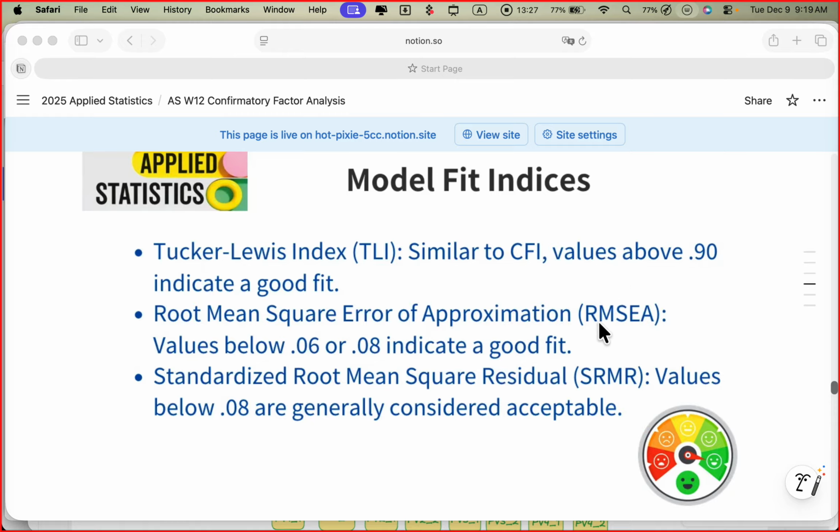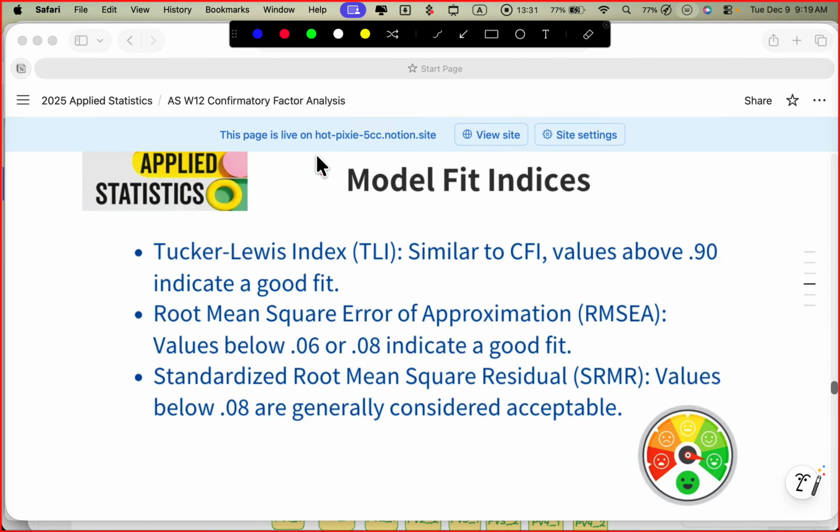For RMSEA, the second one, we hope our RMSEA value is below, not greater, below 0.06 or 0.08. So the lower value means the model is better.